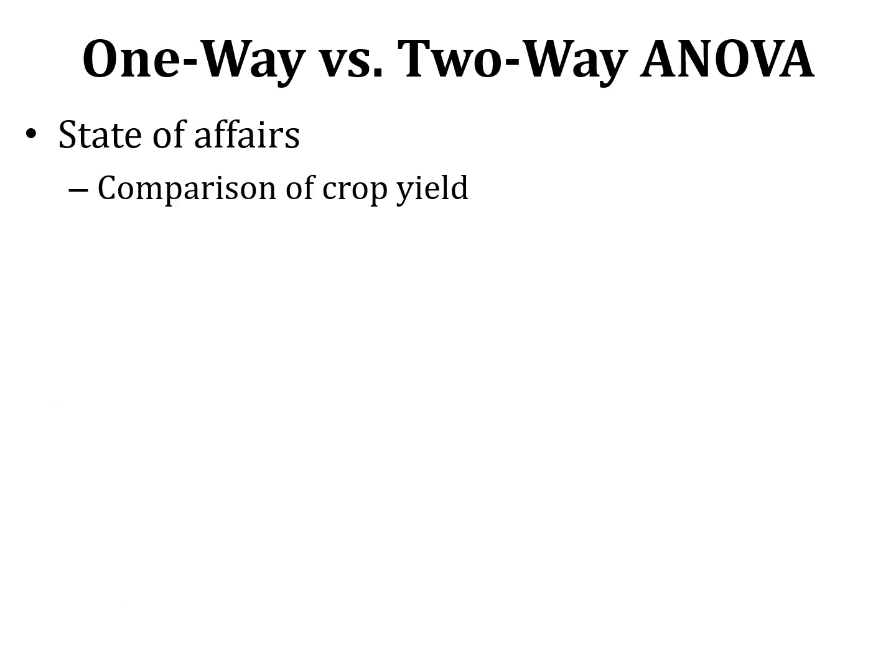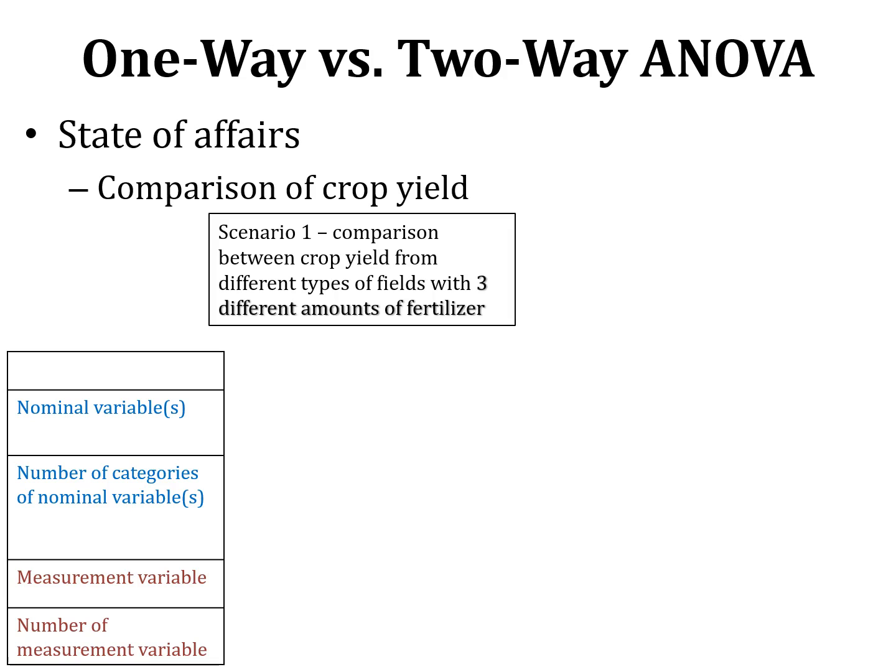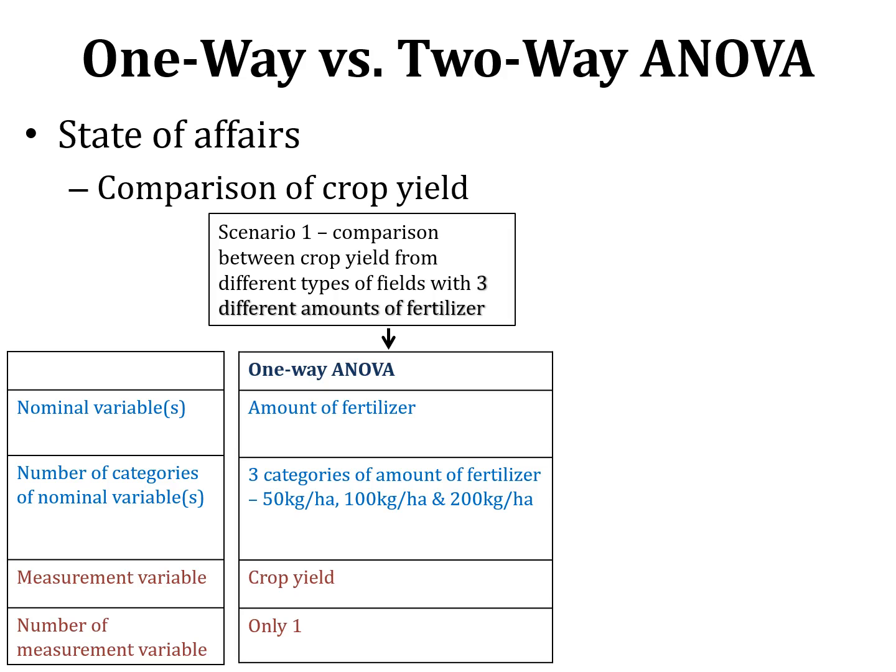See another example, which is the comparison of crop yield. Scenario 1 is comparison between crop yield from different types of fields with 3 different amounts of fertilizer.